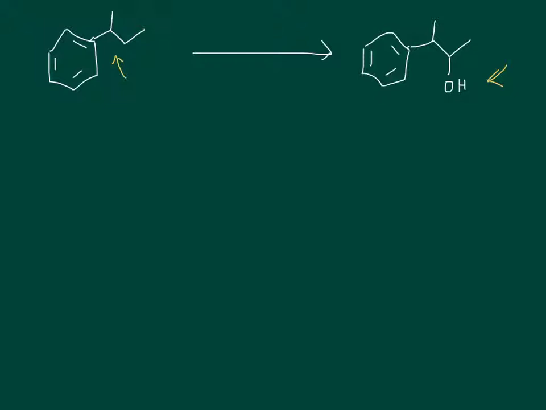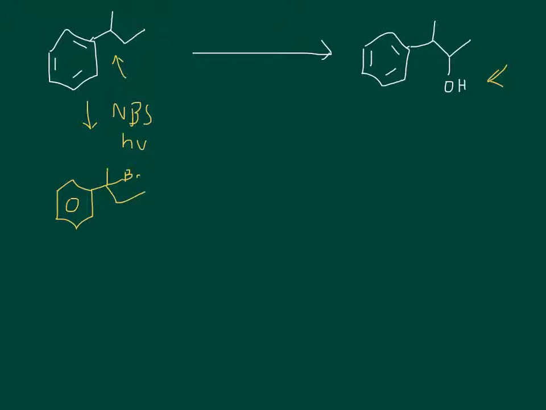One of the ways we can do that is using NBS and light, or heat. And that would get us, to save time by drawing the aromatic differently, this bromine attached on that tertiary carbon.